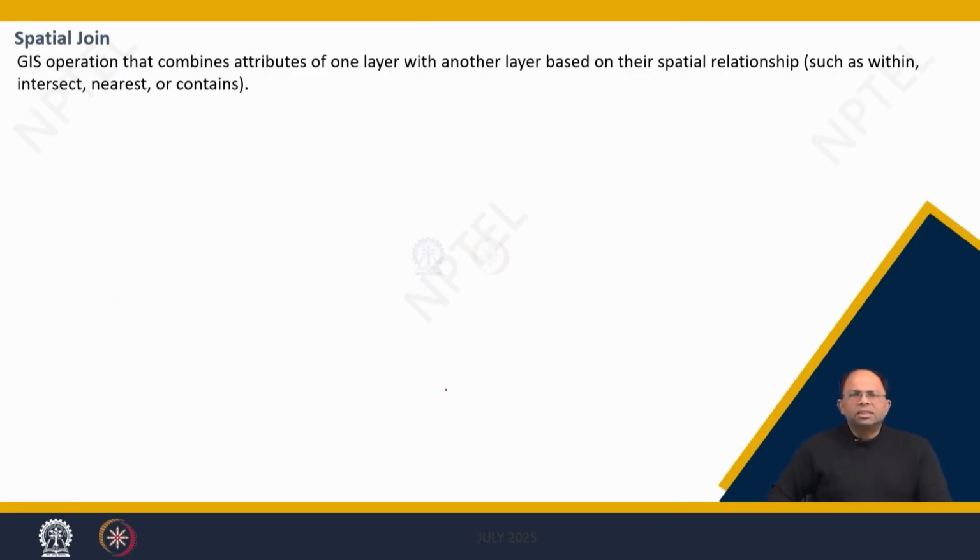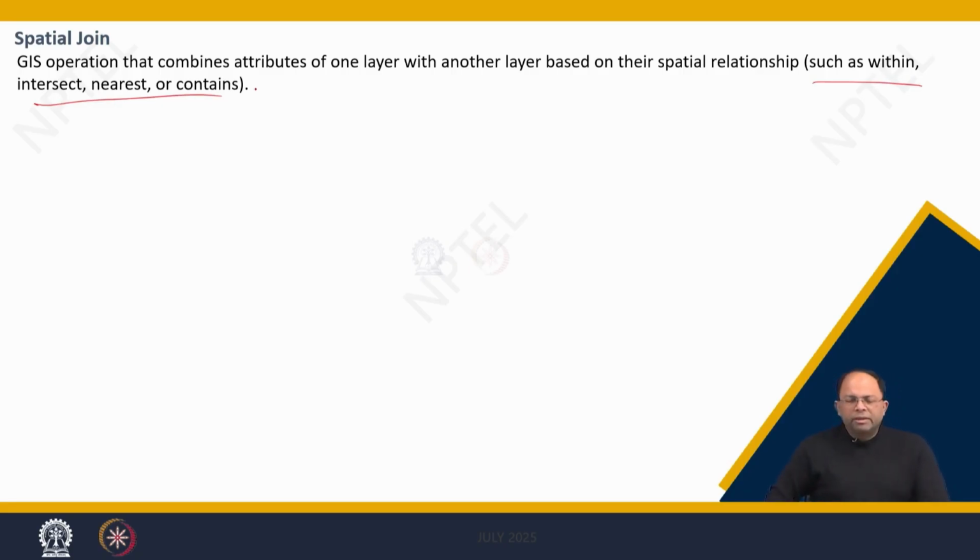Now, this was a normal join between two files, two layers you can say, or between a layer and a separate data set. But we can also do spatial joins as well. That means it combines attributes of one layer with another layer based on the spatial relationship, and here we can compare using within, intersect, nearest, contains, and so on.